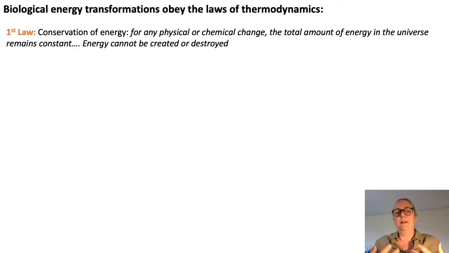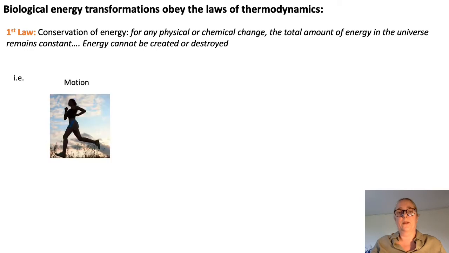Biological energy transformations obey the laws of thermodynamics. The first law of thermodynamics says that energy is conserved: for any physical or chemical change, the total amount of energy in the universe remains constant, and energy cannot be created or destroyed. For example, motion is a mechanical energy.